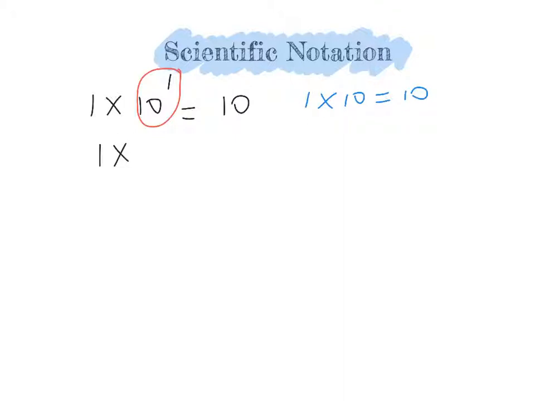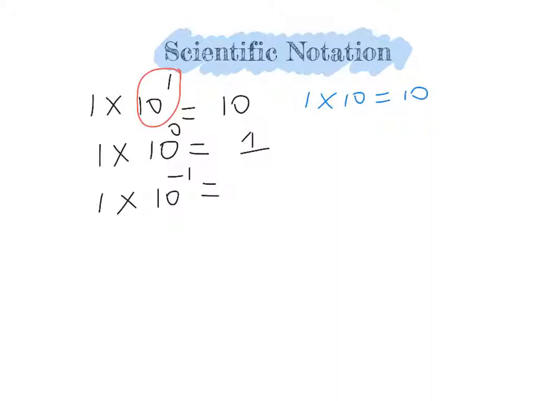You will remember from other classes, 1 times 10 to the power of 0 equals 1. Moving on, 1 times 10 to the power of negative 1. So in this case, we're going less than a whole number. So we're going backwards, so it's going to be a smaller number.